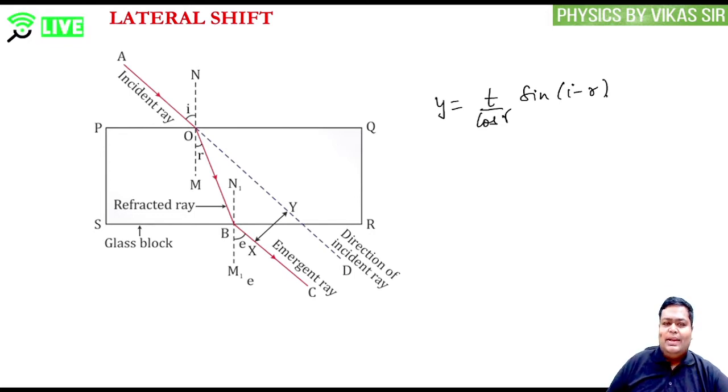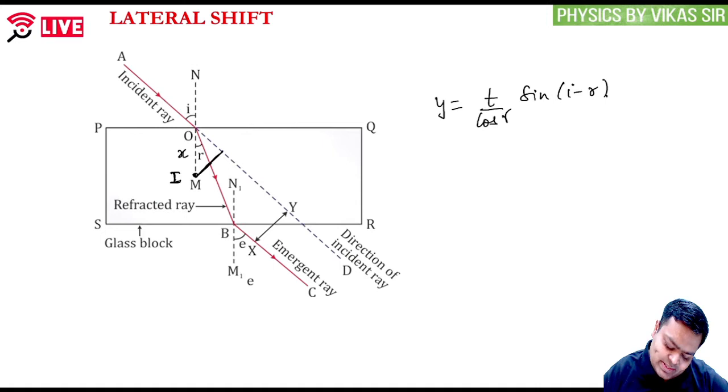Now if you want to relate the normal shift with the lateral shift, we can do the same. If we are looking at the apparent position of the object, let's say the I position over here, then this distance we are defining as the normal shift, and this distance is the apparent shift, that is the lateral shift over here. So we can relate x and y from here.